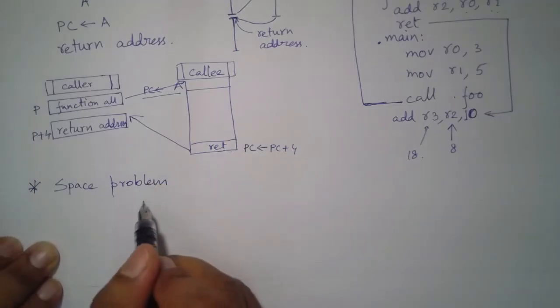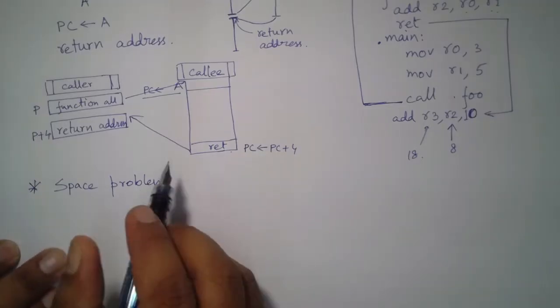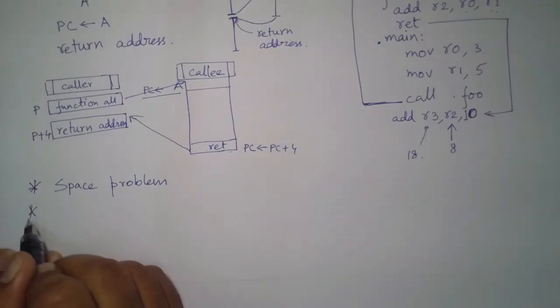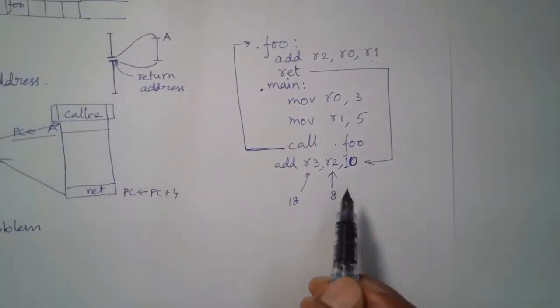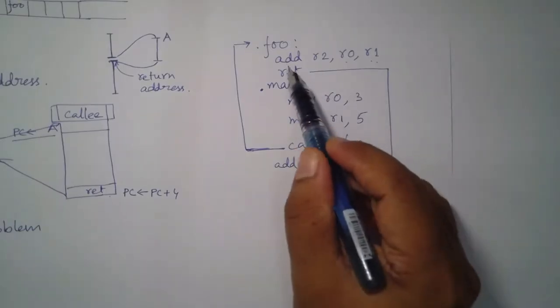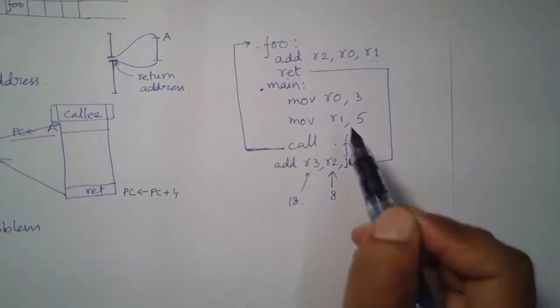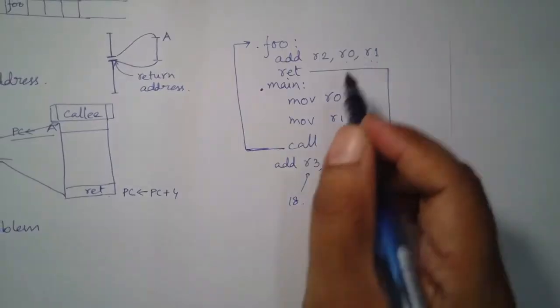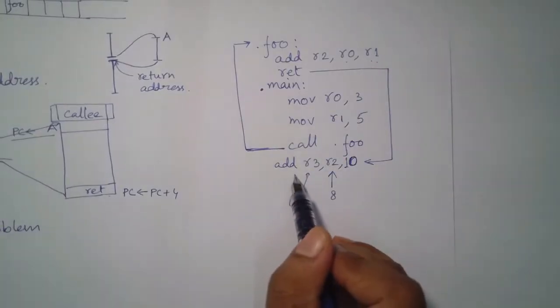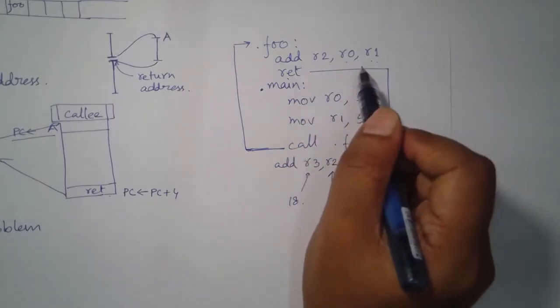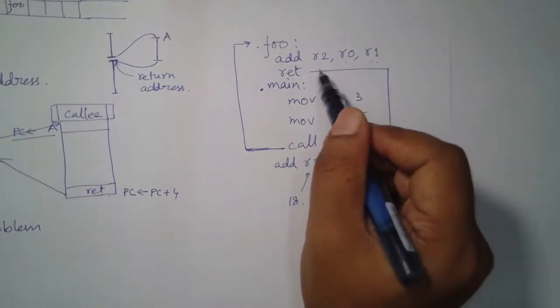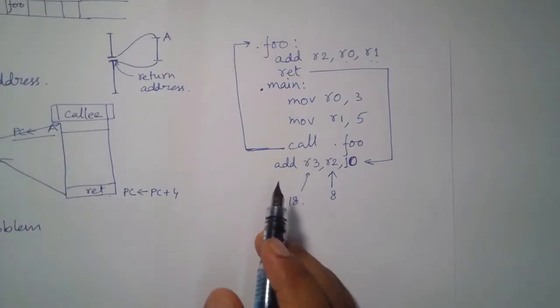There is another problem which is related to, let us say I am calling something recursively. So, I call this function foo to do this addition. Now, I have another addition here. Let us say in this function itself I can call this foo recursively.